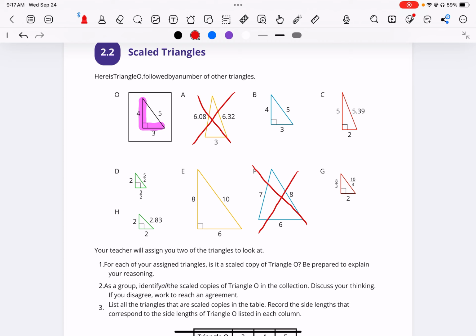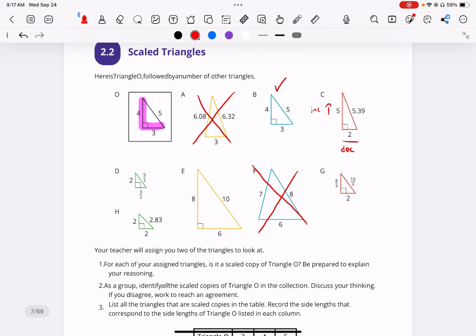For B, all of the units stay the same, so it's 4 going up, 3 on the base, and 5 diagonally. So B is a scaled copy. When I look at C, I notice that the height increased, but the base here decreased.